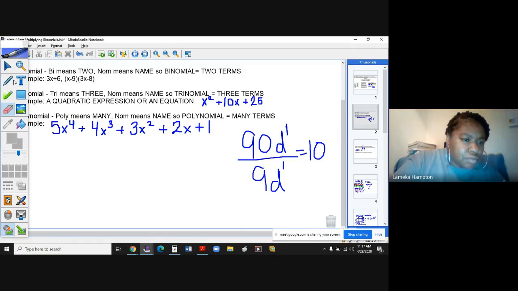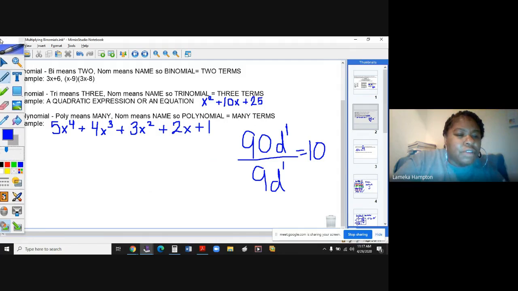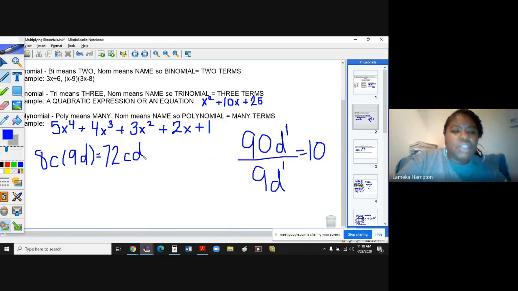So remember, in multiplying unlike terms, when I had 8C by 9D, that gave me 72CD. So that's my answer for the multiplication. However, if I wanted to divide unlike terms, I can do that also.